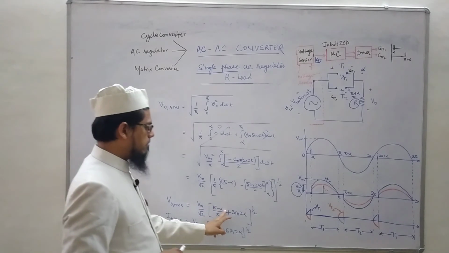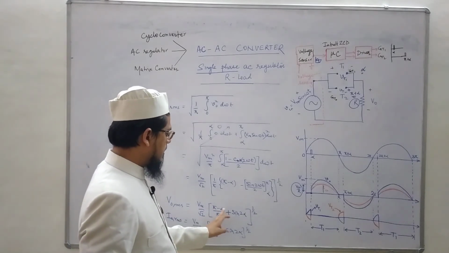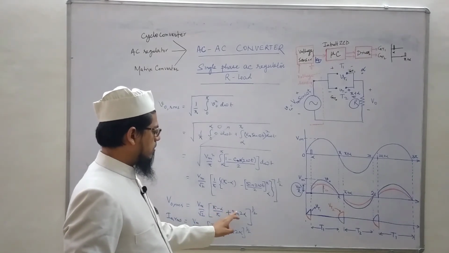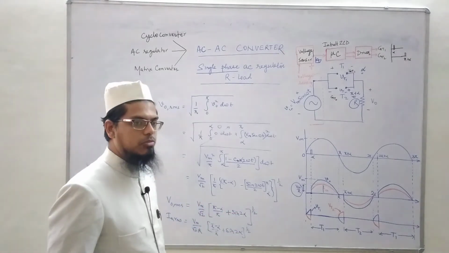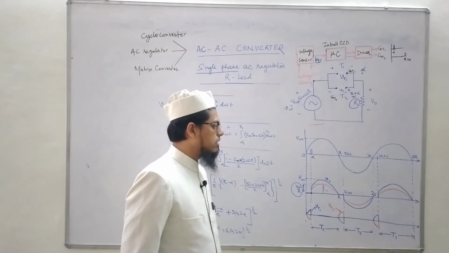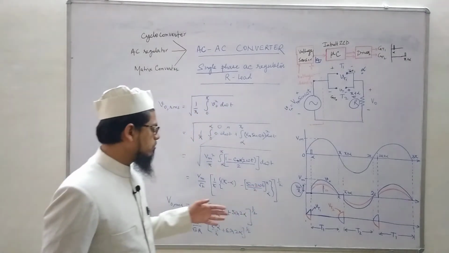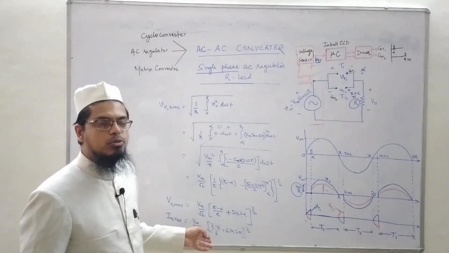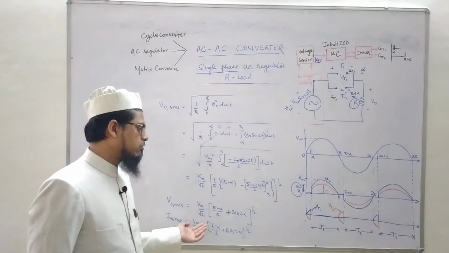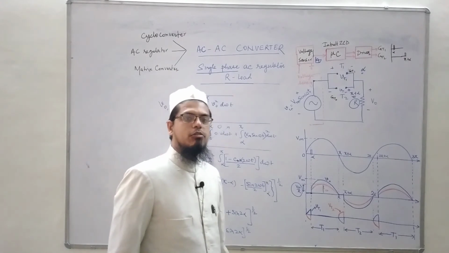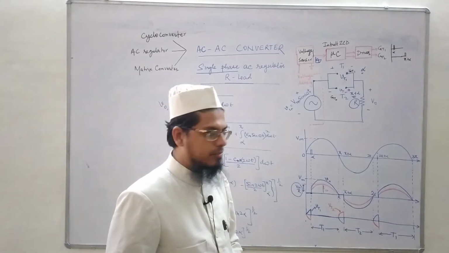And if alpha becomes equal to pi, then this becomes 0 and this becomes 0, and ultimately the whole term becomes 0. That means the output voltage becomes 0. So the RMS value of the output voltage can be controlled from 0 to Vm by root 2 by varying the value of alpha from 0 to pi.